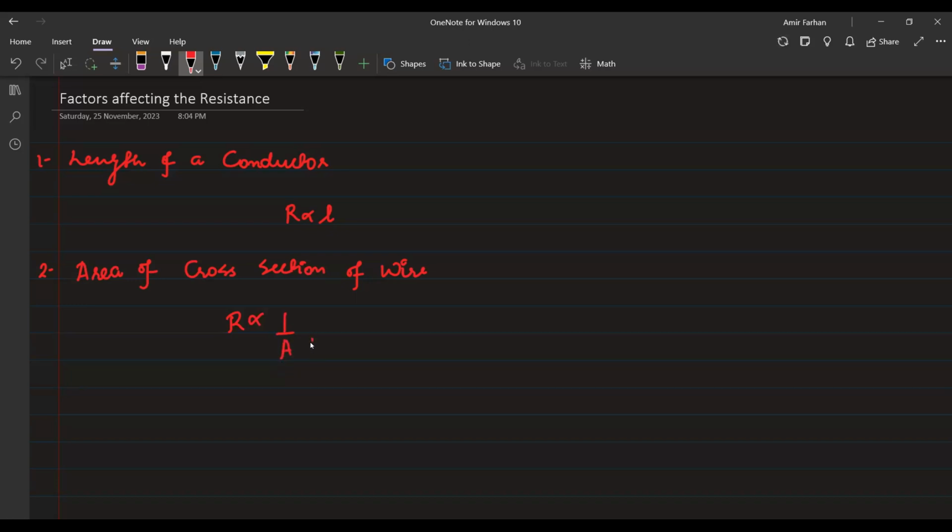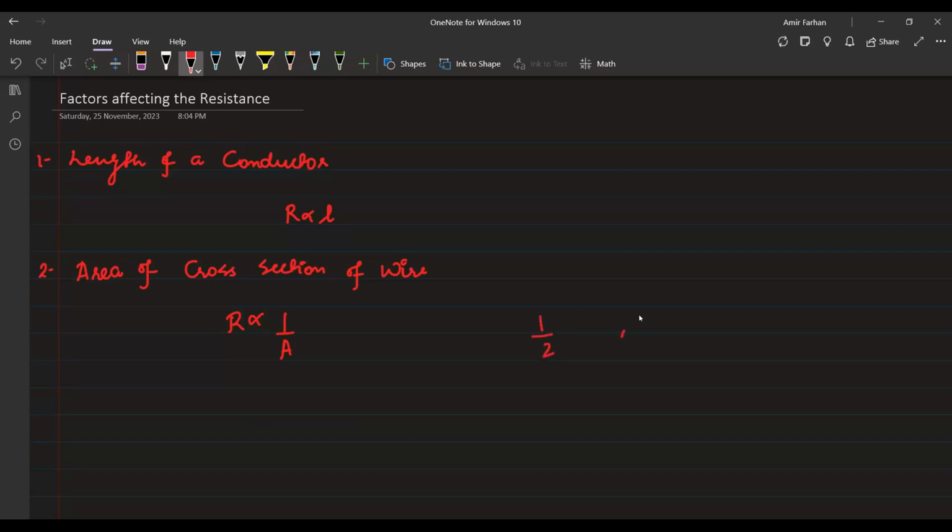If you increase the area, your resistance will decrease or increase? Everybody, what do you say about the reciprocal, the inverse relation? If something is in inverse relation, what will happen if you increase the value?